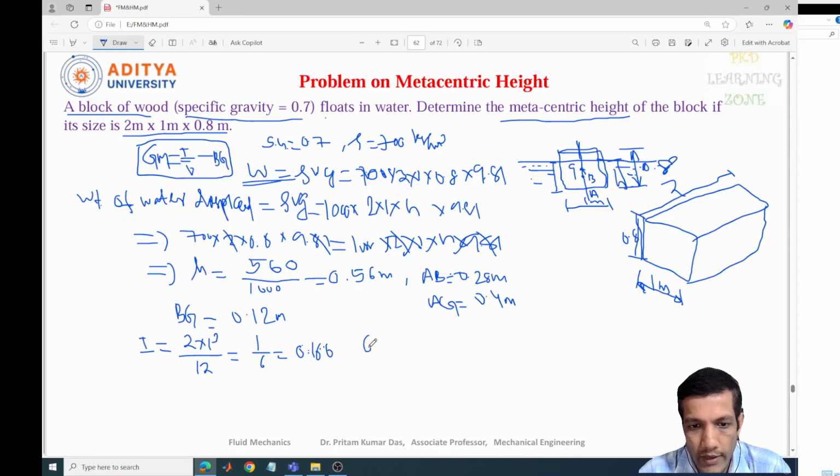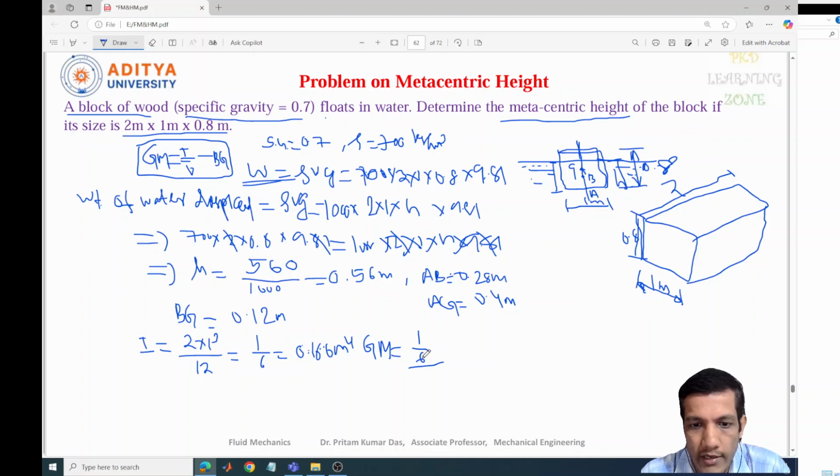Now finally we need to find out the GM, the meta-centric height. So we can write the moment of inertia, or we can keep it 1 by 6, and into I by V. V equal to how much? Now 2 into 1 into H. So that is, I equal to 1 by 12, that was not written.